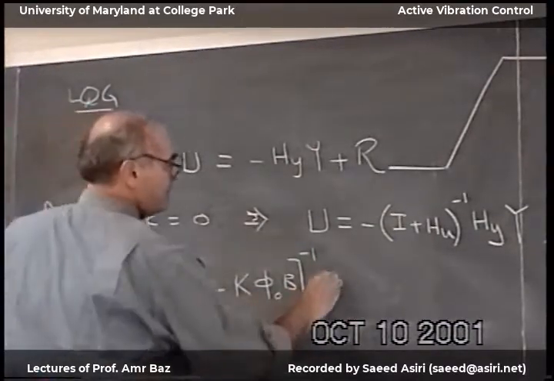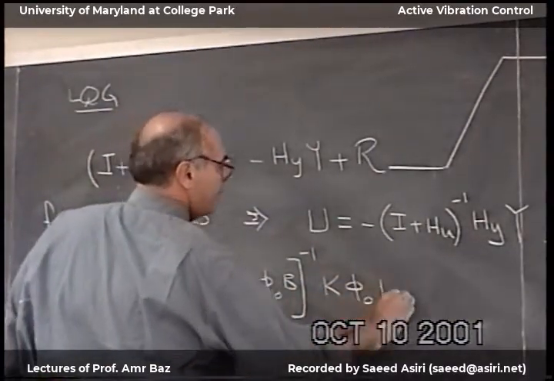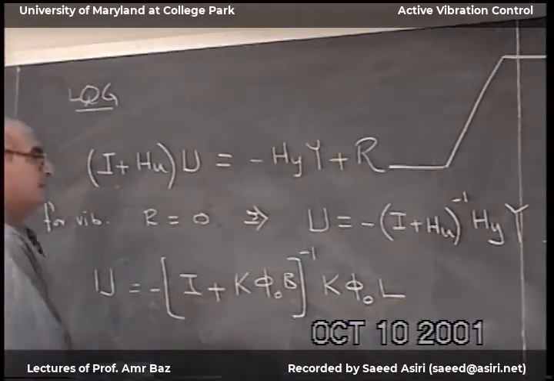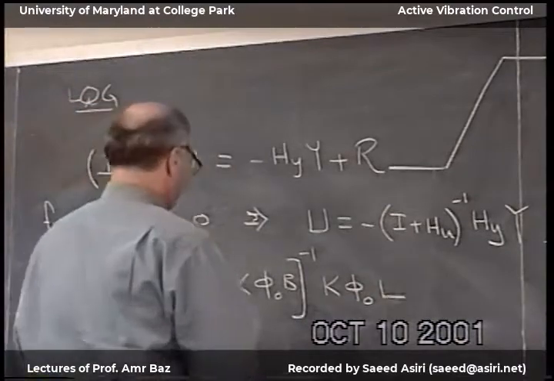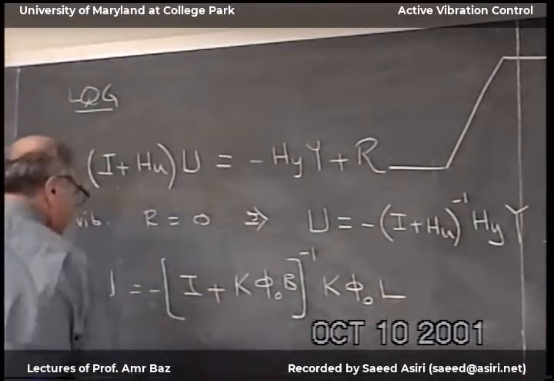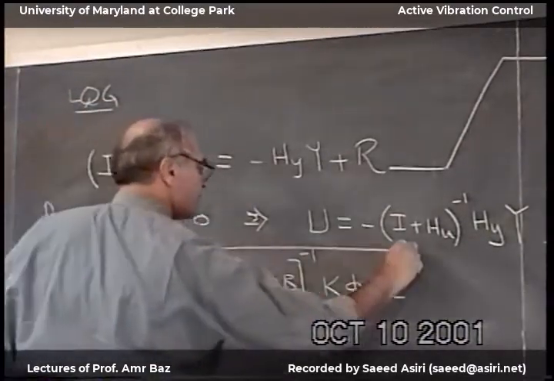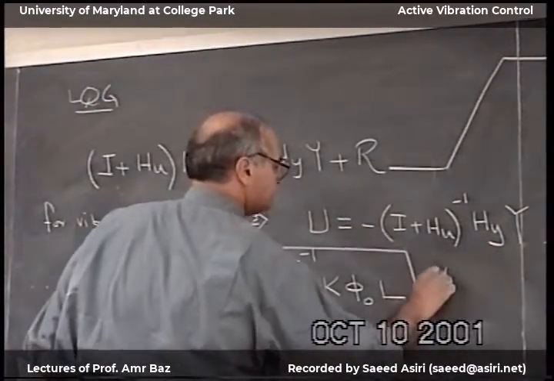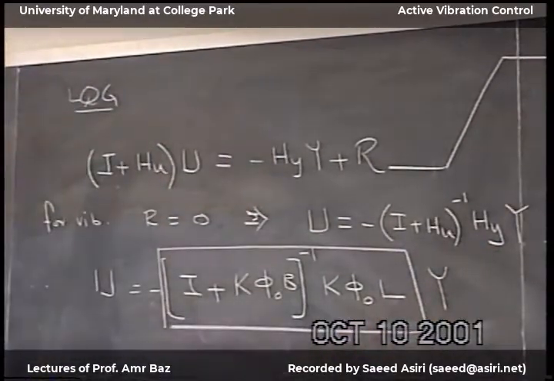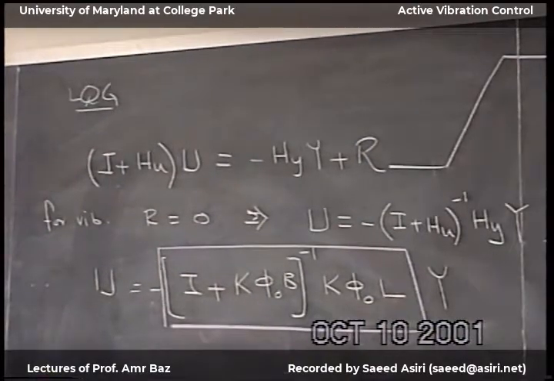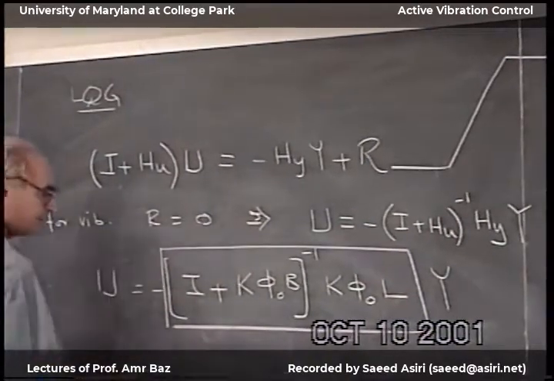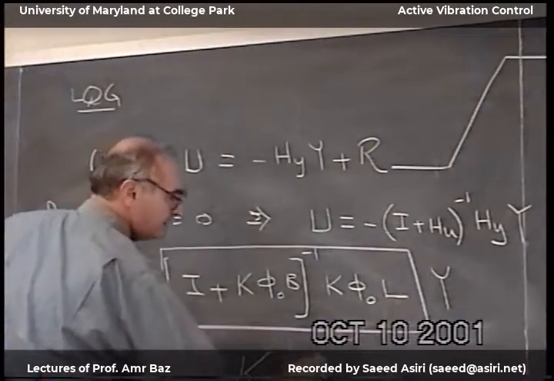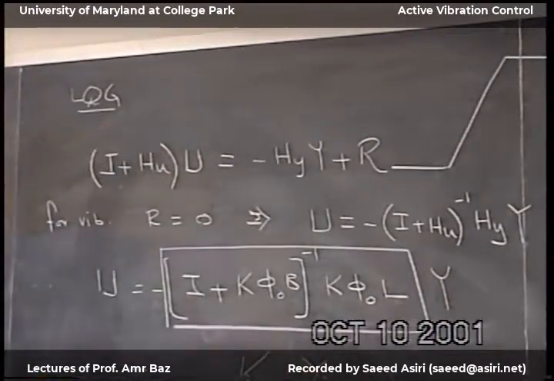Hy is K, and the result is multiplied times y. And I'm going to call this minus K_L times y.